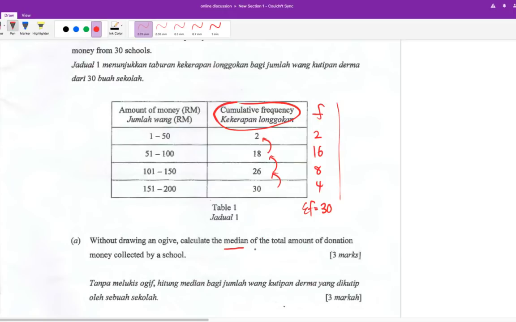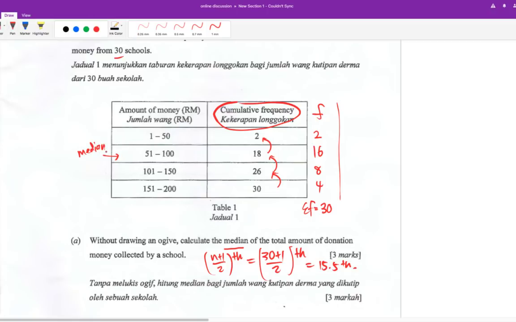Very easy: you take n, which is 30, and do n plus 1 over 2, so 30 plus 1 over 2, and my median falls at the 15.5th position. According to the cumulative frequency, 15.5 falls in this class, so this is my median class.